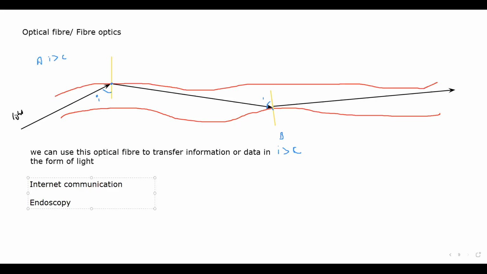How do we use optical fiber or fiber optic for communication? For example, you're using your computer, a CPU. So this is a screen, the monitor, the central processing unit, and your keyboard. So how can we use this optical fiber for communication?